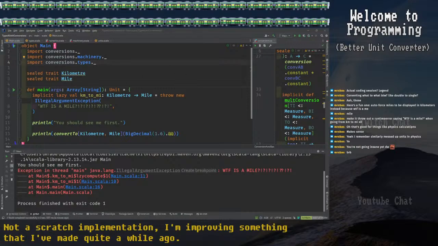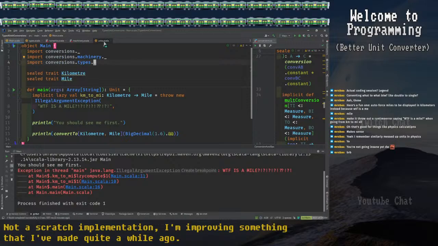There it is. What the heck is a mile? I don't know if anybody's still here to see this, but there it is. We've managed to get what the heck is a mile.